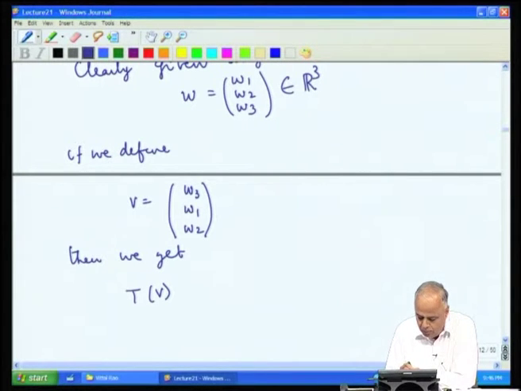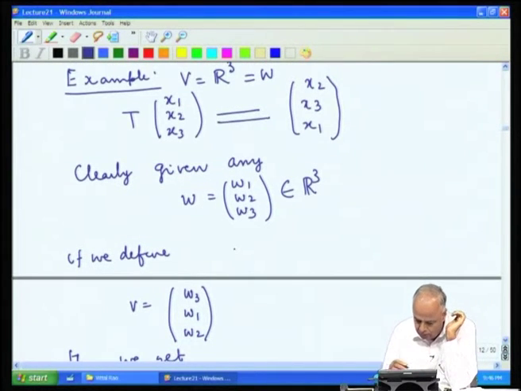What does T do? It permutes the components of v in an order, and when you do that permutation, let us check very carefully.